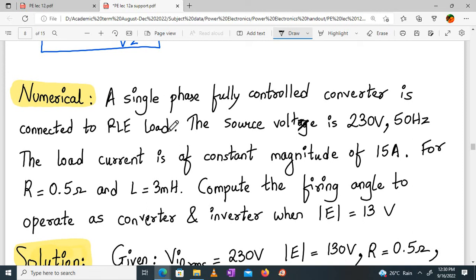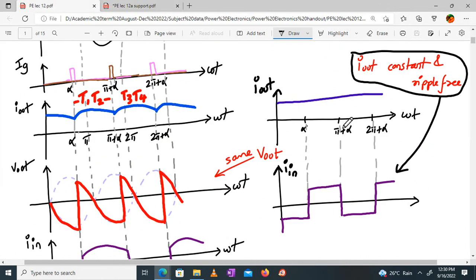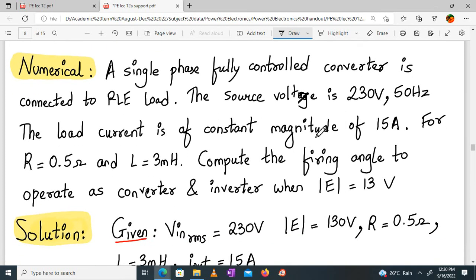What does that mean? They are saying I out is constant at 15 amperes. If my load current is constant, my V out formula will not change. It will remain the same. The load current is constant, meaning I out is 15 amperes. For R equal to 0.5 ohms and L equal to 3 millihenry, compute the firing angle to operate as converter and inverter when the magnitude of E is 130.